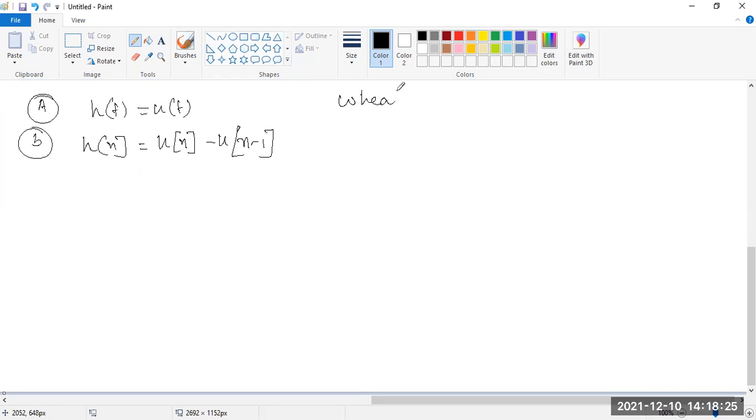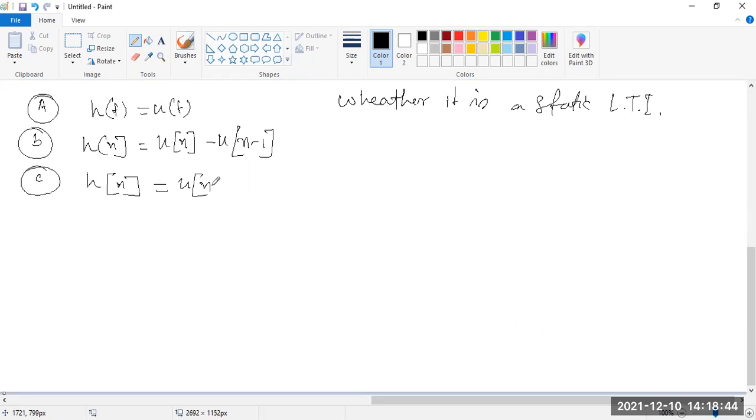C, u(n minus 2), whether this is a static LTI. Or another question, D, h(t) equal to delta(t). Is that a static LTI?